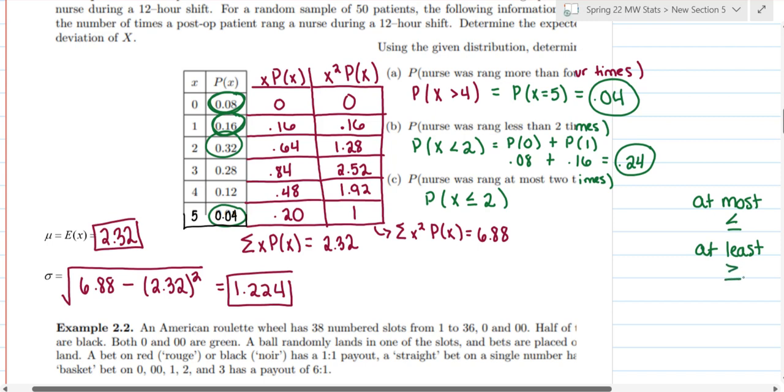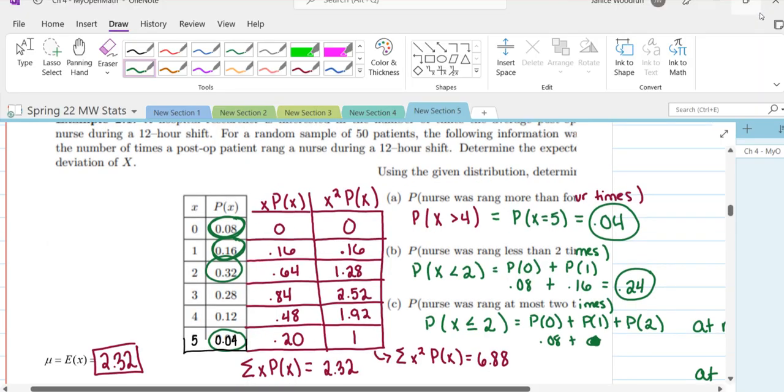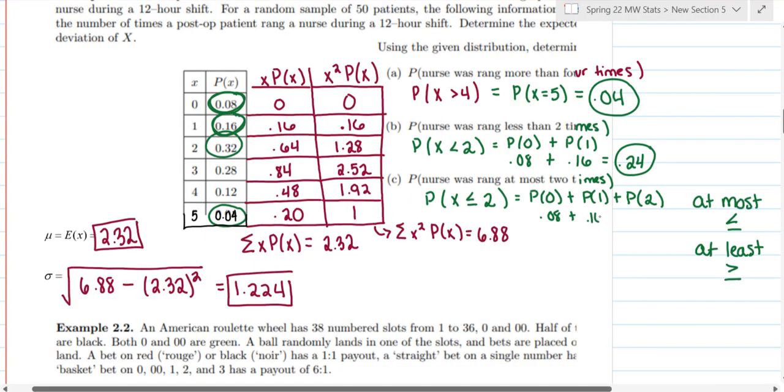So at most is less than or equal to, at least is greater than or equal to. So this one we would add the probabilities for 0, 1, and 2. So that would be 0.08, 0.16, and 0.32. So that is going to add to 0.56.